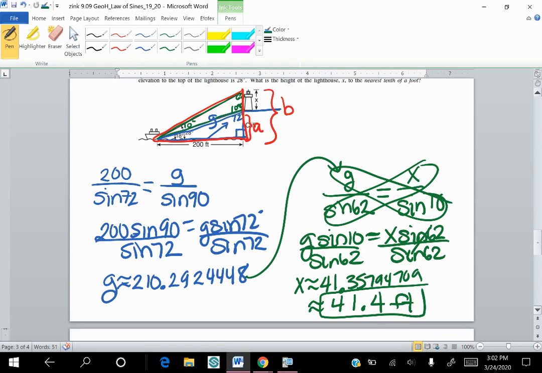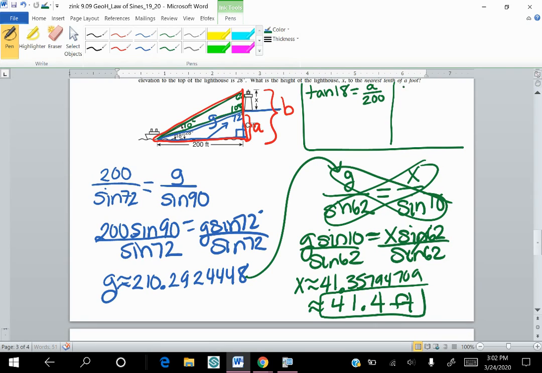Now, if you had wanted to do it using SOHCAHTOA, and I'm not going to do out all the math, you could do the tangent. The bottom blue triangle is a right triangle, so we can use SOHCAHTOA there. You could have done tan of 18 equals A, opposite over adjacent, and found your A, which would be 64.98393925.